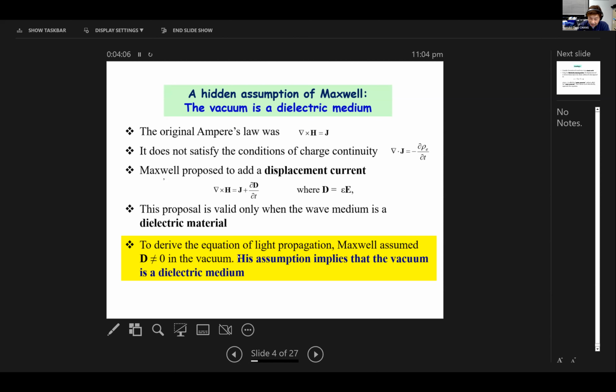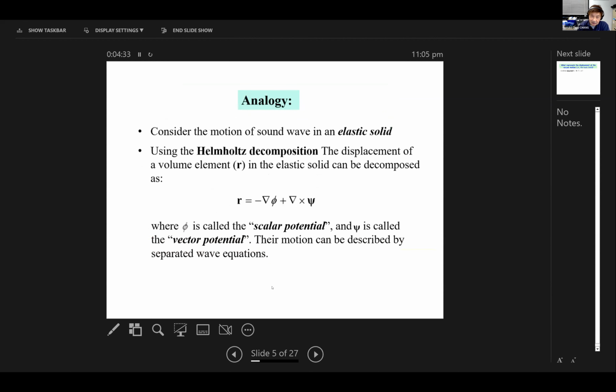That means he must have made the assumption that the vacuum behaves like a dielectric medium. Otherwise, this time derivative of D, or D itself, will become 0 if the vacuum is just an empty space. Now this is a very important assumption, and somehow very few people take note of that, and this is actually a surprise to me.